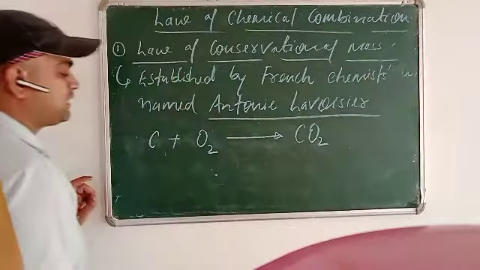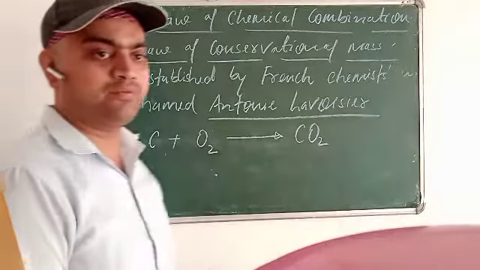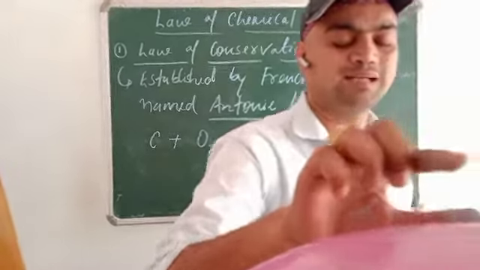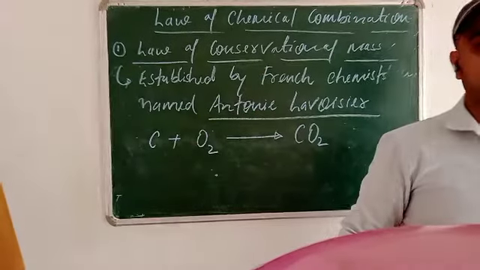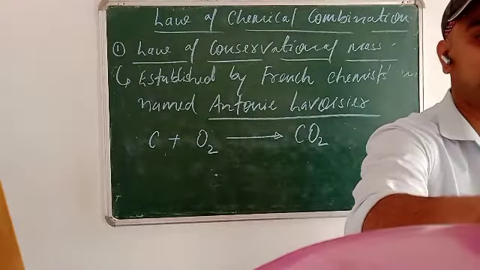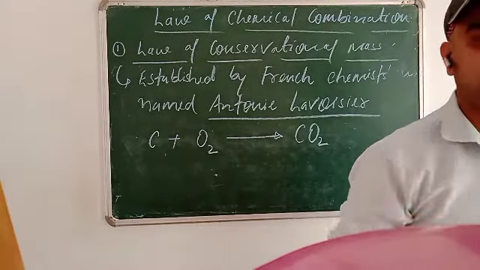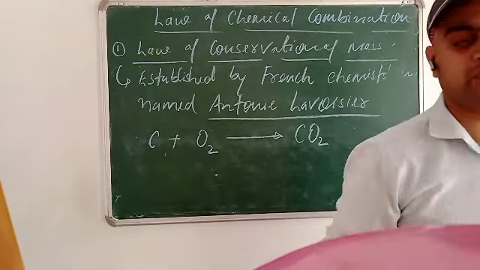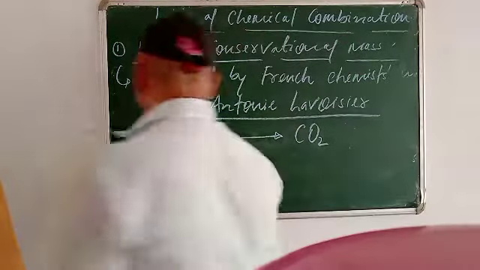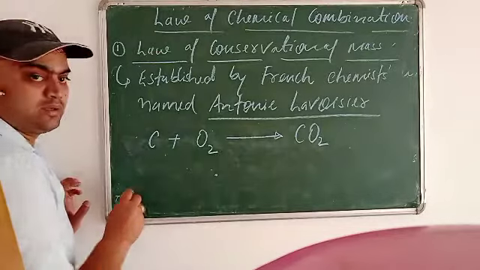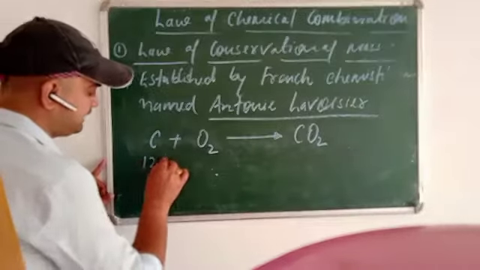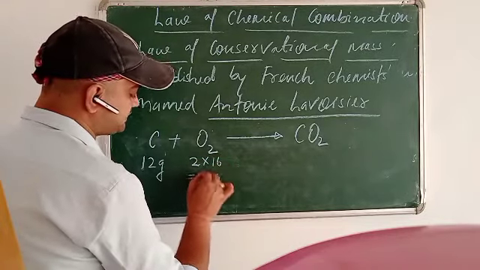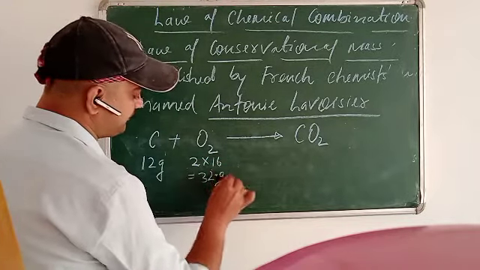And as you know very well, the atomic mass of carbon is 12 gram, and oxygen is 2 into 16, that means it is 32 gram.